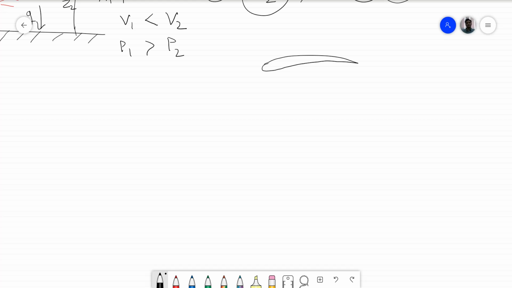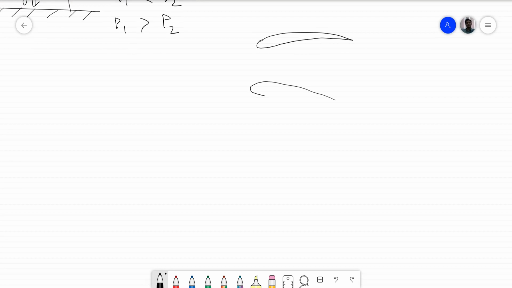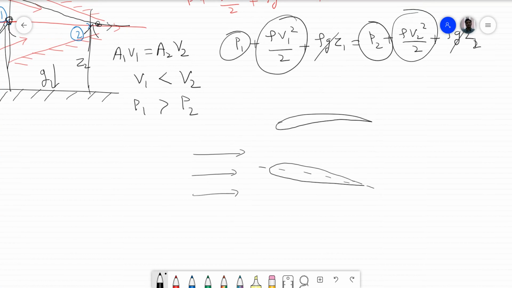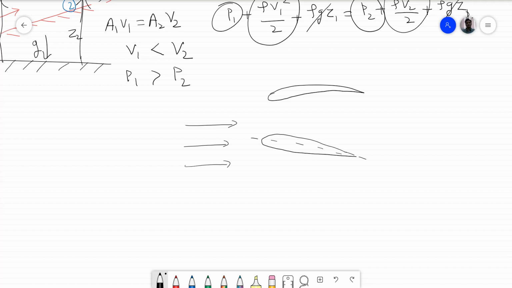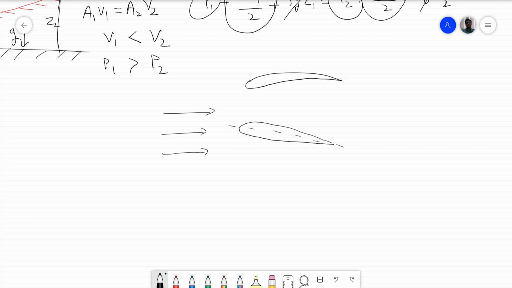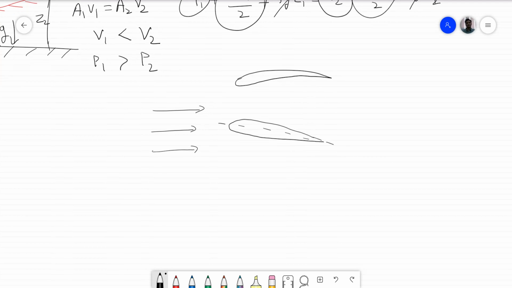So if the shape is slightly asymmetric, or the airfoil itself is symmetric but it is tilted with respect to the flow direction, then from Bernoulli's equation you can see that because the air is actually stationary and the wing is flying through the air, the velocity of air in the front of the wing and at the back of the wing, far away from the wing of course, and if the flow is laminar, the velocity of air is same, with respect to the wing.